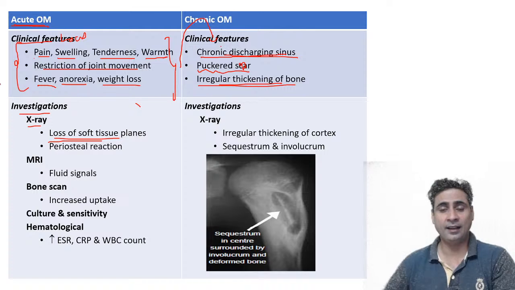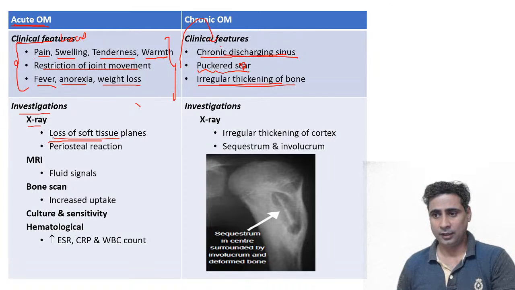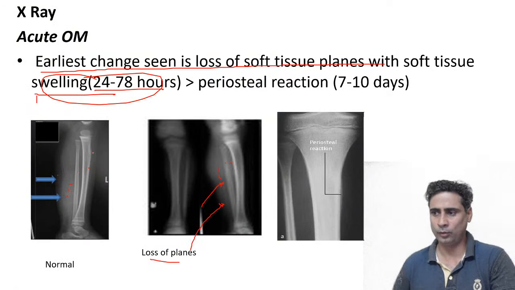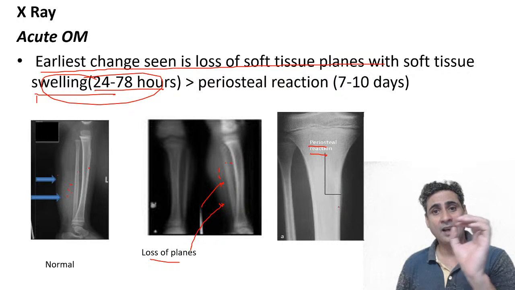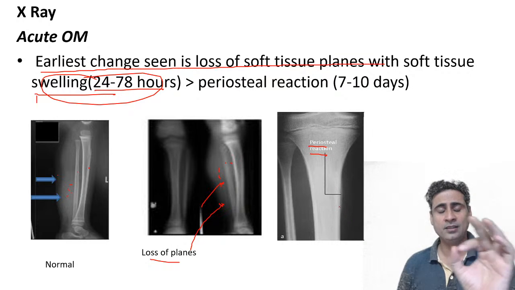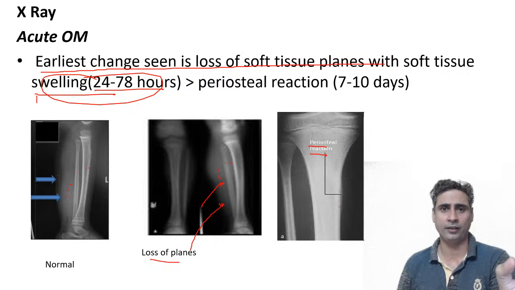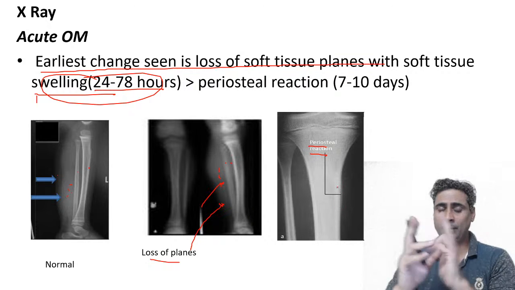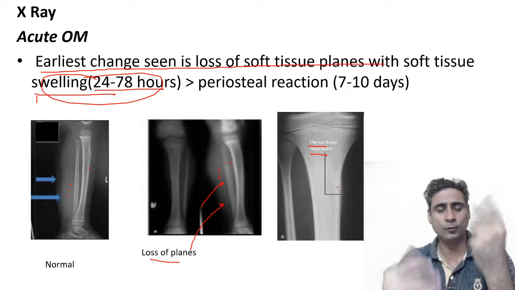Now what is the earliest specific change? That is periosteal reaction, periosteal new bone formation. Here you can see this periosteal new bone formation. This is the earliest X-ray finding which signifies the infection. Okay, so there can be two different statements in your MCQ.